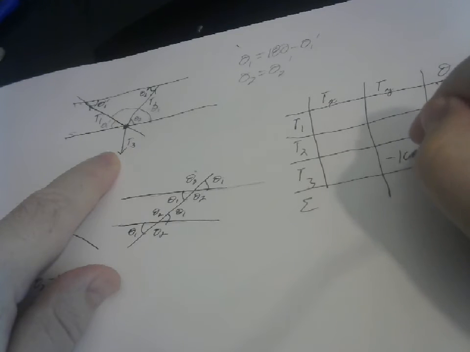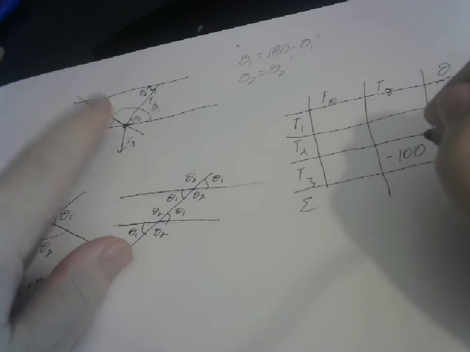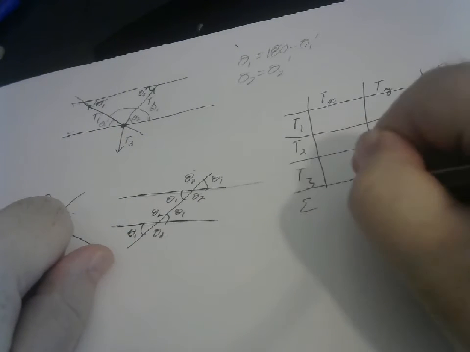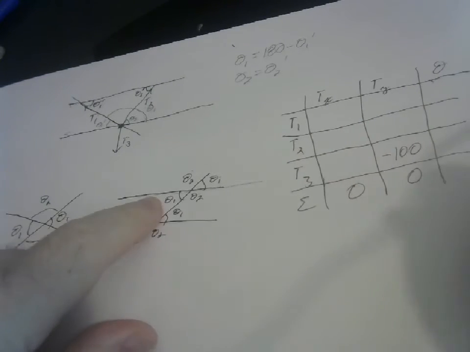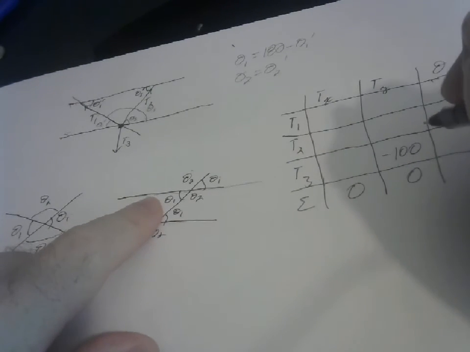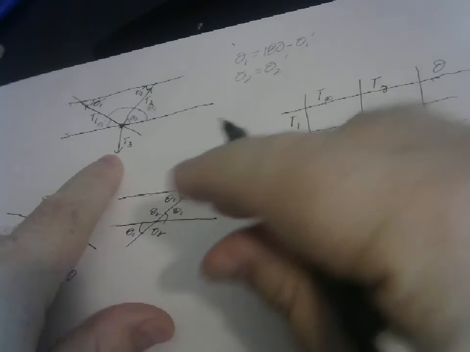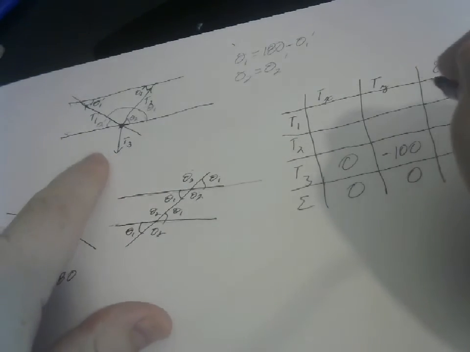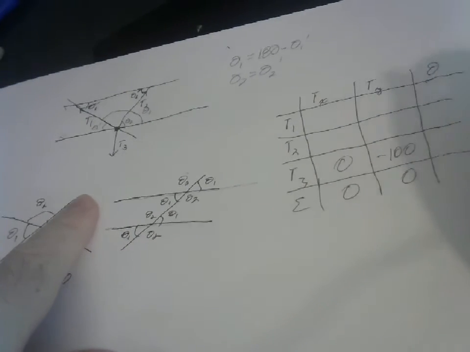So I'm going to write negative 100 there. And I know that the rope wasn't accelerating, so I can say that the sum is 0 in both of those directions. Now, T3 in the x direction is also 0 because it's not pushing to the left or right. It was hanging straight down.